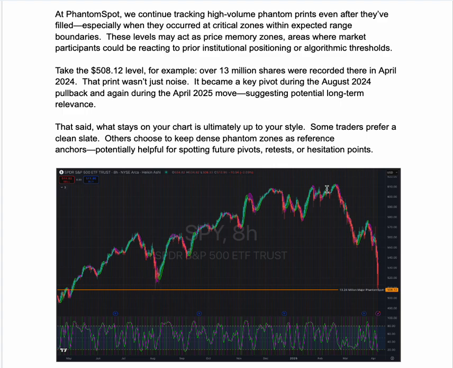And then when you had this drive down, the algos targeted that, and you went down to that again. So you can see over the course of a year, a year in what, $200? No, $100, that level becoming such a target for algos and market history there. So that's why I like to keep them on.